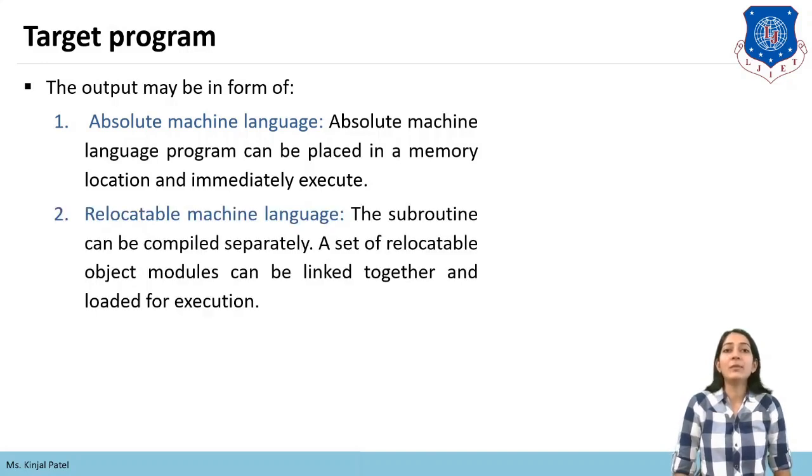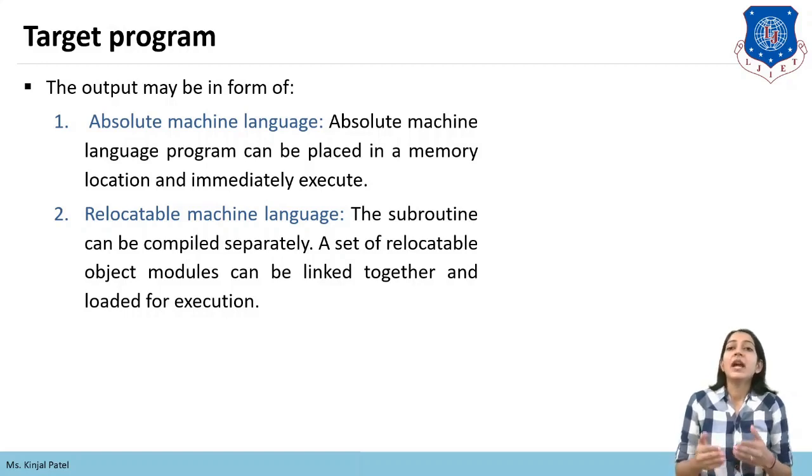Then relocatable machine code. So subroutines can be compiled separately. Now a set of relocatable object modules can be linked together and loaded for execution. Meaning if subroutines are separately divided into different modules, then the compiler will compile the different modules in different parts.